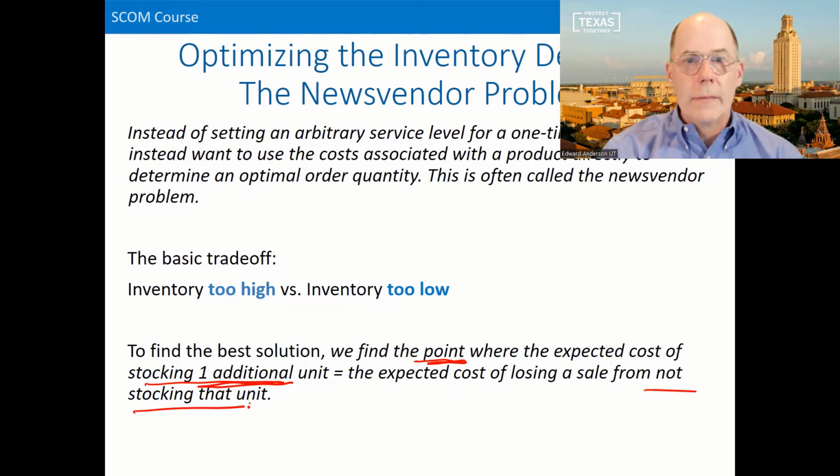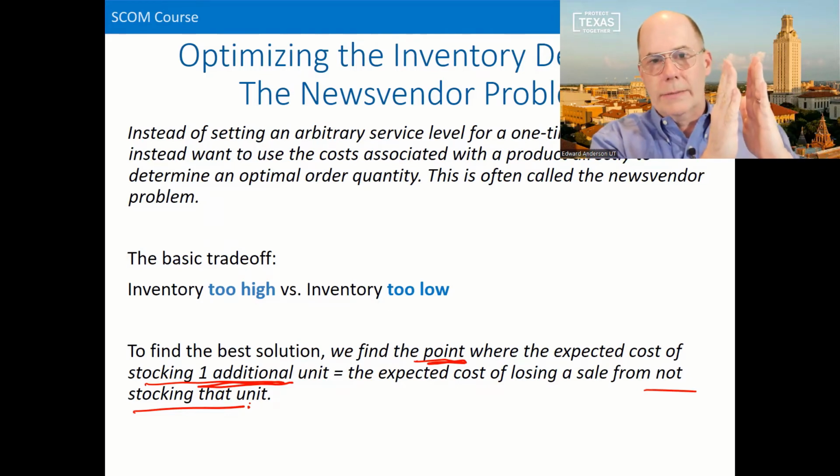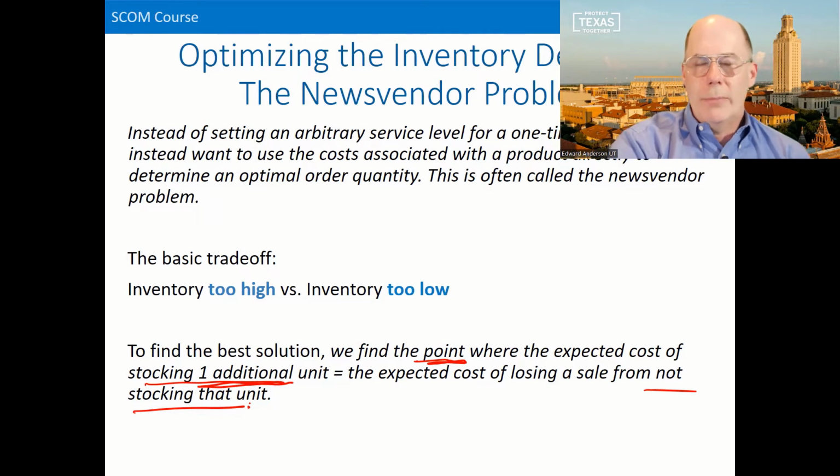And similarly for understocking. So we want to find the point where if we add another item of inventory, it does us no good. It costs us X to buy it, but the expected profit is going to be X as well. So we reach that point and go no further.